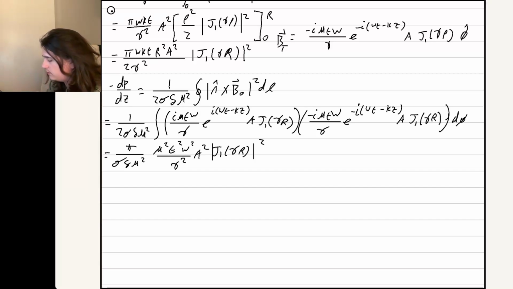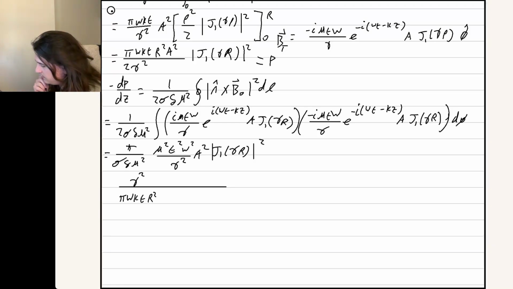So it's going to be 1 over 2 times the power. So multiplying the power times 2, and then flipping it, we have gamma squared, actually the j1 will be on the bottom, so it's just gamma squared up top, and then pi omega k epsilon r squared a squared.